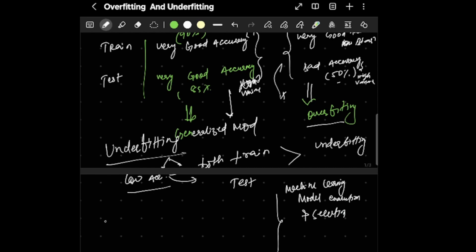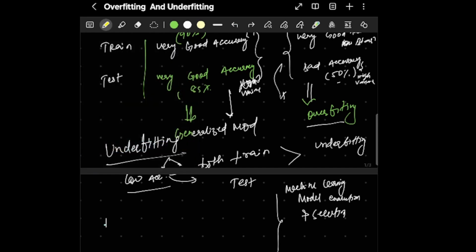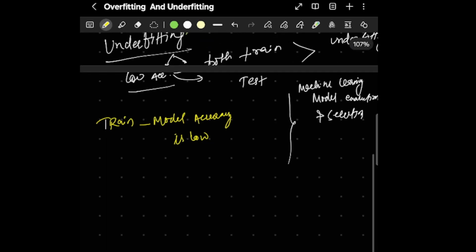What we have learned: in training data, if model accuracy is low, that is high bias.